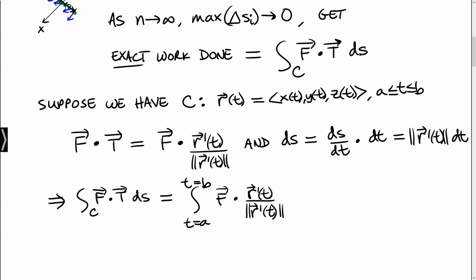That ends up being times the speed dt. And lo and behold, the important thing to note here is these end up canceling. So all we're really left with is this f dotted with r prime dt.